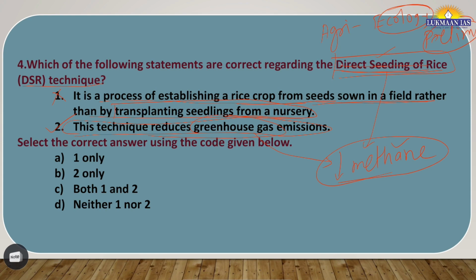Direct seeding of rice technique involves basically the farmers are having the nursery, they are growing this, let's say, rice for 30 to 35 days in that nursery, and then it is uprooted and then transplanted into, we can say, submerged fields. अब इससे क्या होता है, इससे ये होता है कि मीथेन emissions कम हो गए, because that also gives some kind of advantage as compared to weeds in the field. ठीक है, तो ये पहले से ही ग्रो हो चुके हैं थोड़े से, तो वो ज़्यादा nutrients absorb कर लेंगे as compared to weeds.